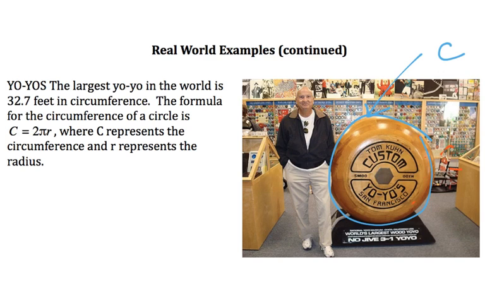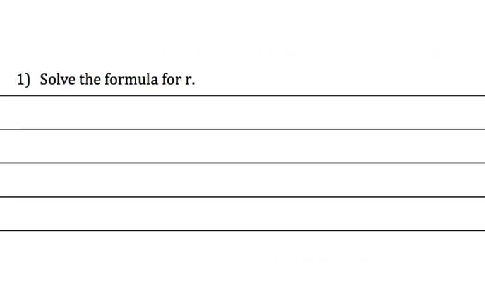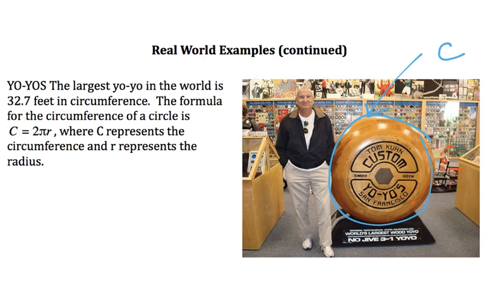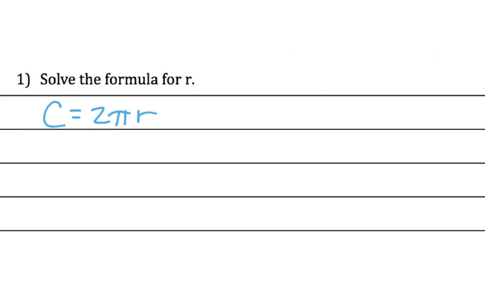The formula for the circumference of a circle is C is equal to 2 pi r. Now, I'm assuming that means that whatever I'm doing, I should probably rewrite the formula they give me, where C represents the circumference and r represents the radius. So let's label this.